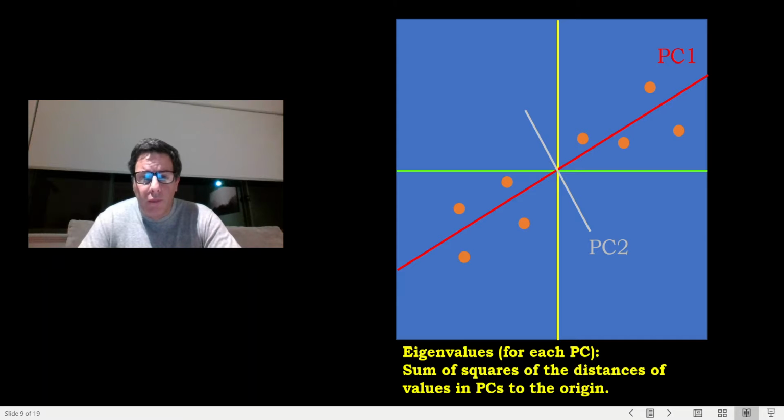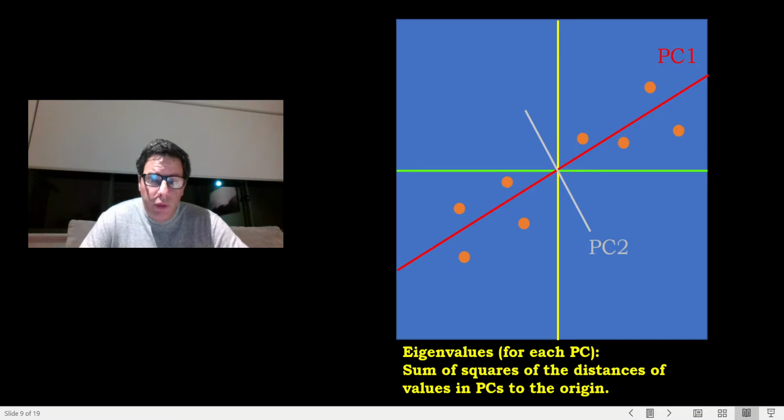So it measures the distance very well, and it doesn't have the problem of positive and negative values cancelling each other out.